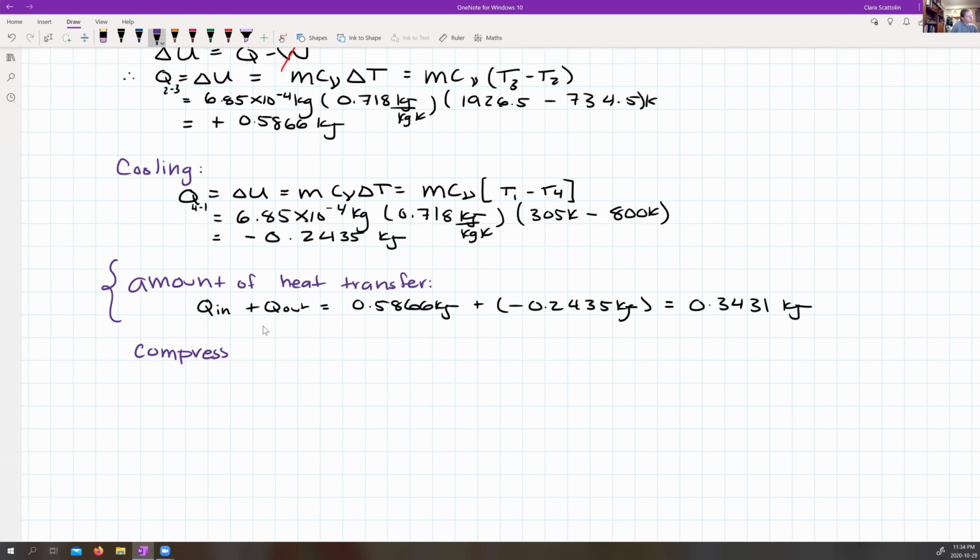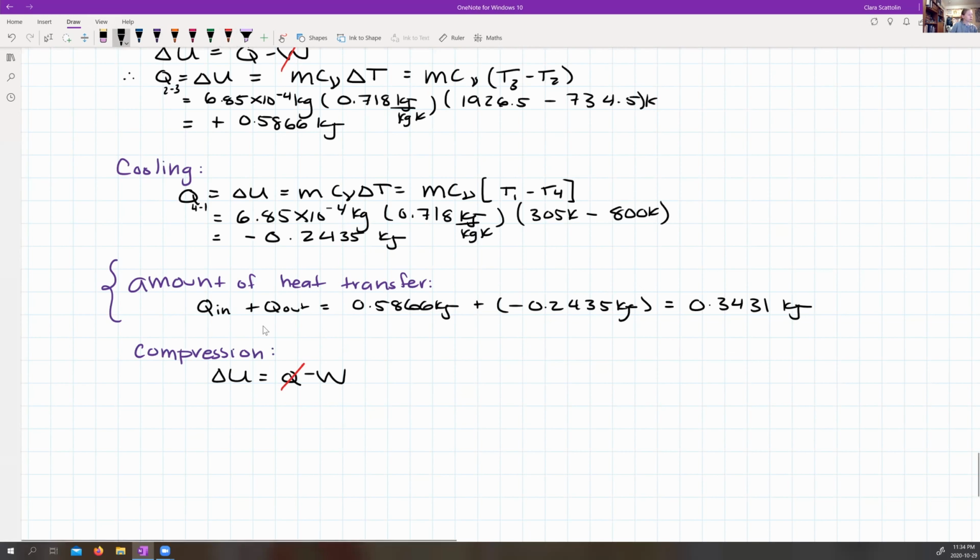If I look at, again, my first law equation, delta U equals Q minus W, I'm having no Q, right? All I'm doing is work.